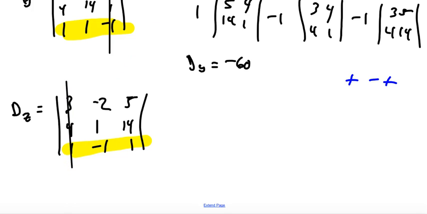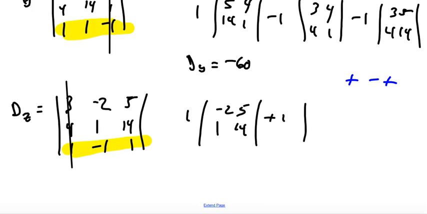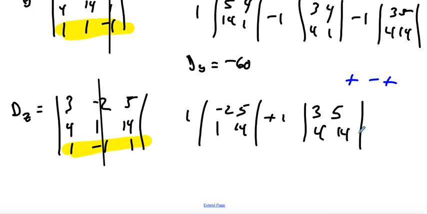So I cross that guy out right there. And so I start off by saying 1 times the determinant of negative 2, 5, 1, 14. And then a minus minus is a plus 1 times the determinant. All right, so I got to cross that out. All right, good. So now that's 3, 5, 4, 14.